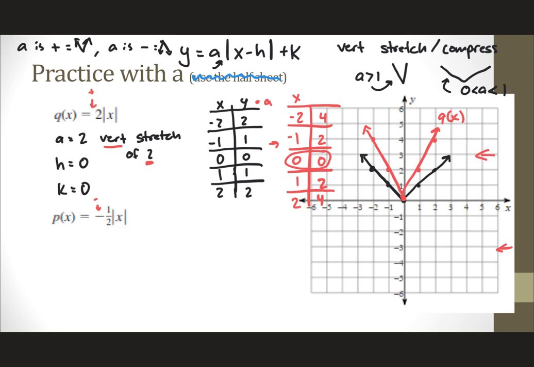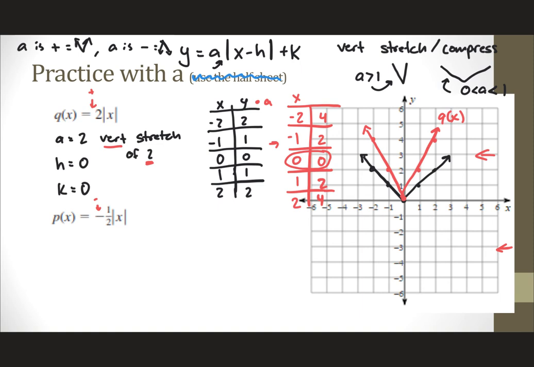Now, the nice thing about multiplying A to the y coordinates is you'll be able to see this. It'll just happen due to multiplication. But the nice thing about knowing that A points it down if it's negative is that you can check for math errors just by looking. Okay, if you're trying to figure out what the graph is and you see that A is negative, you know the graph is going to be pointing down without even looking at it or without even doing any math.